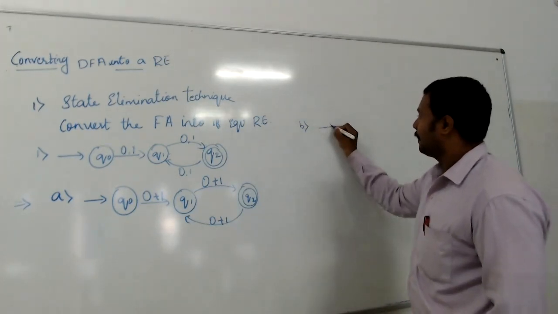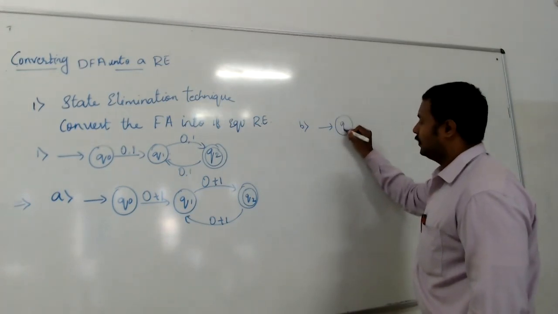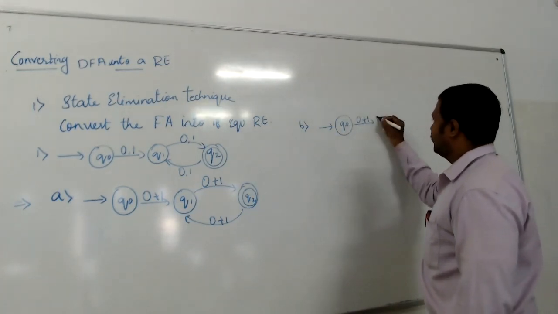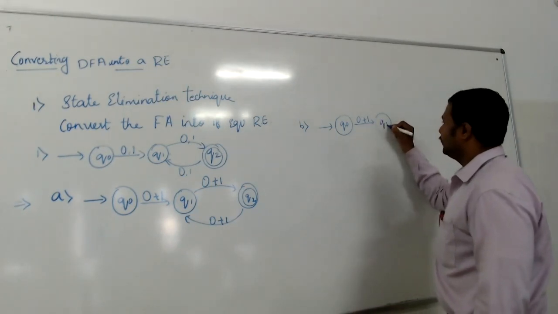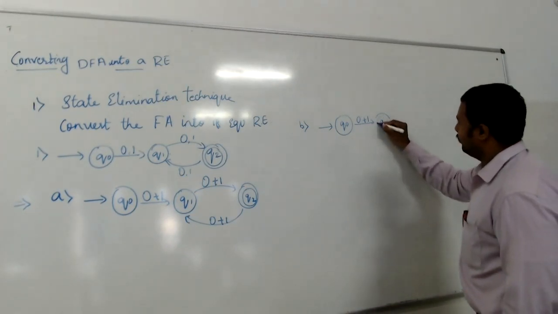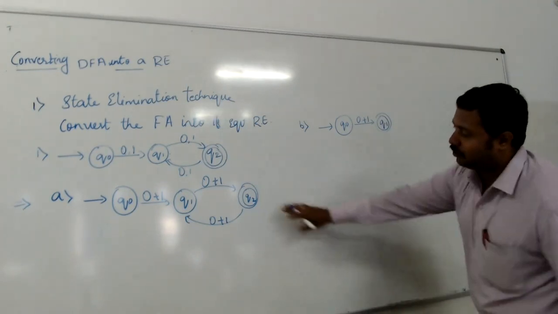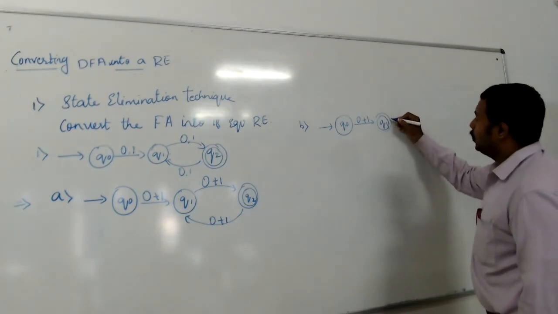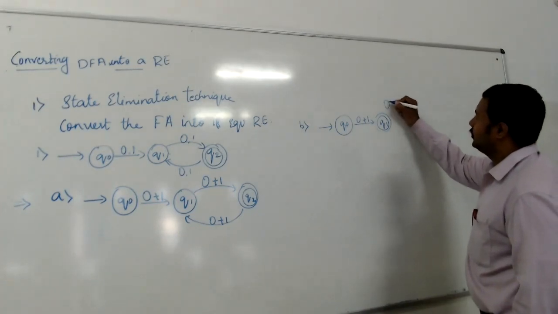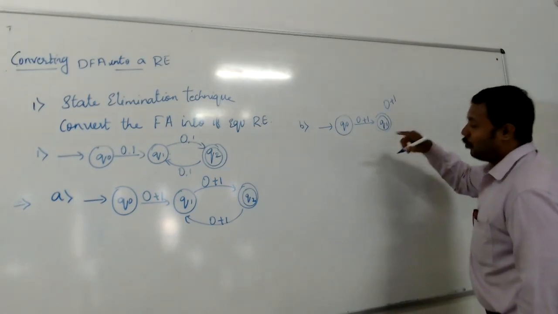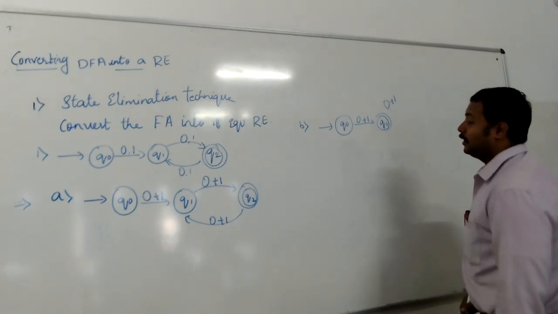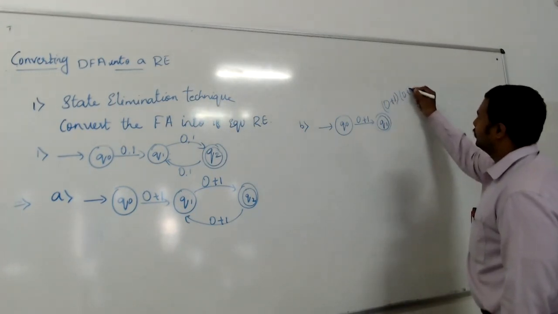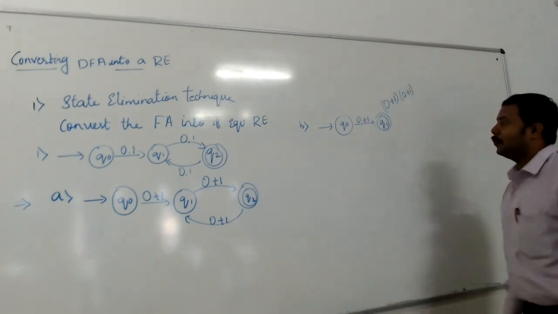State B, Q0: this will be 0 or 1 itself. Next, Q1 will become your final state because I am eliminating Q2. So Q1 to Q2 becomes 0 or 1, and again from Q2 to Q1 we need another 0 or 1.